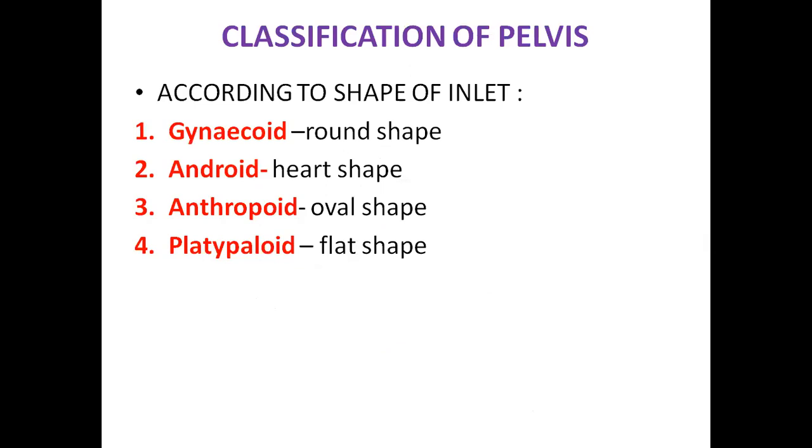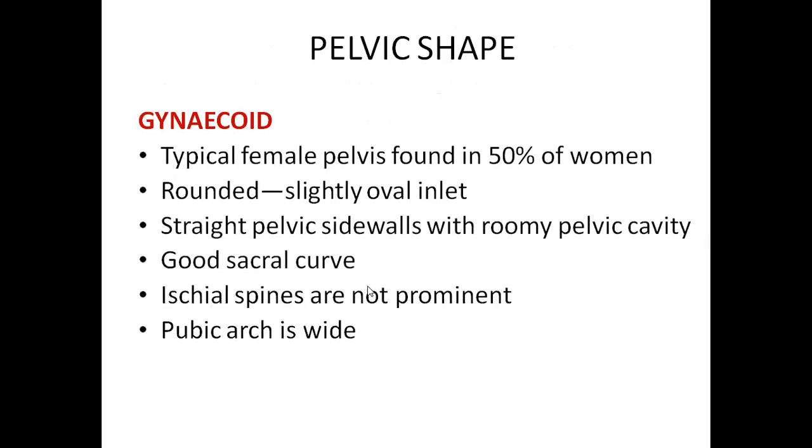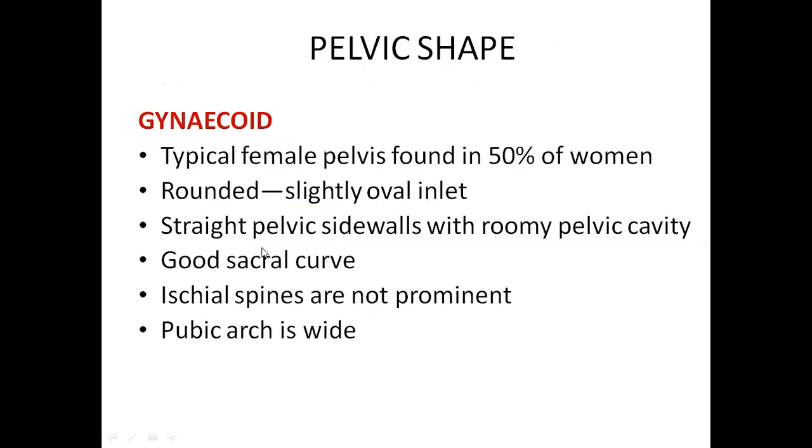Now coming to the shapes of pelvis, we have different shapes: gynecoid pelvis, round shape; android, heart shape; anthropoid, oval shaped; and platypelloid, flat shaped. The gynecoid pelvis is the typical type of female pelvis, found in 50% of women.